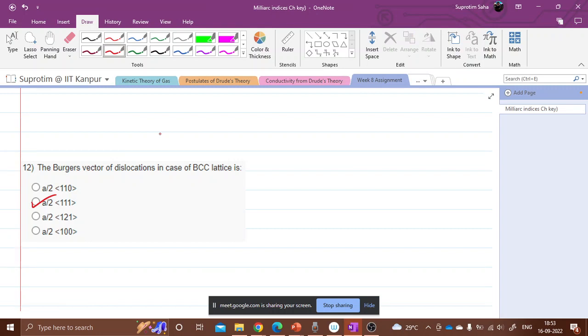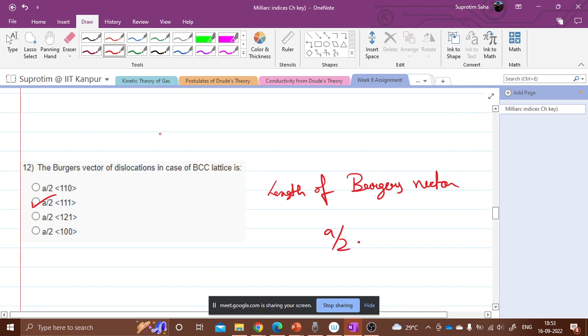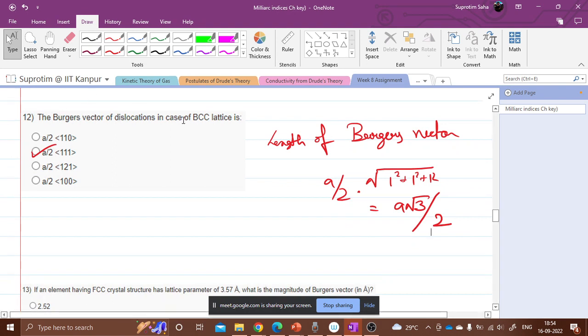So the length of the Burgers vector is a by 2 times 111, that is 1 squared plus 1 squared plus 1 squared, that is a root 3 over 2. So that is the length of the Burgers vector for the BCC lattice.